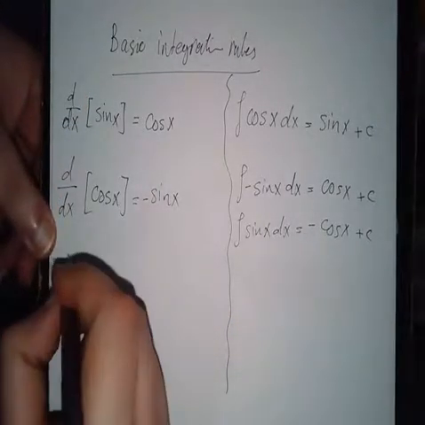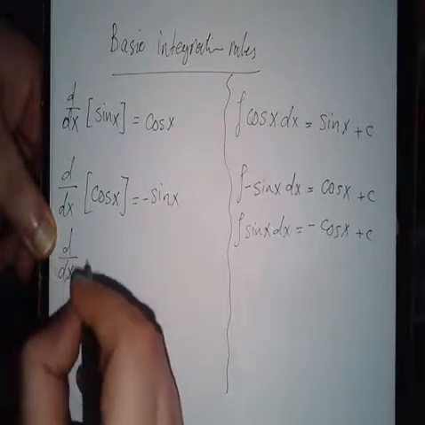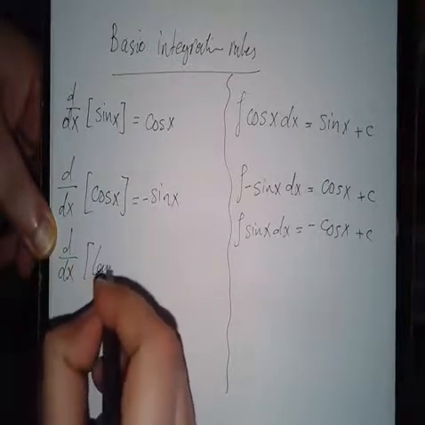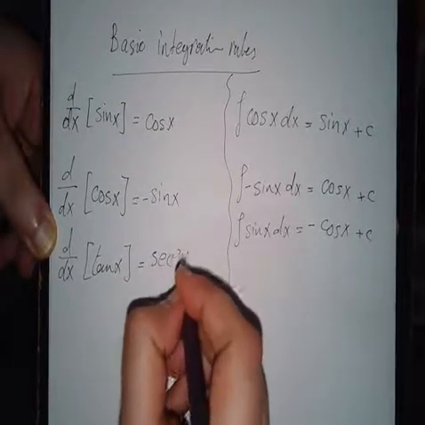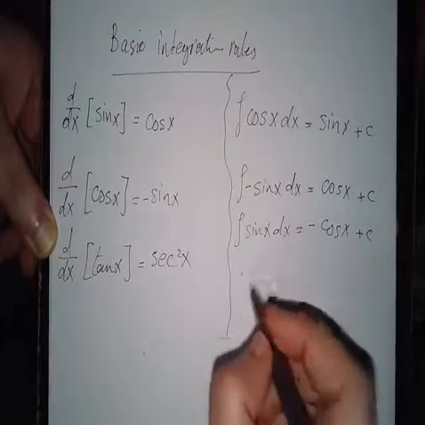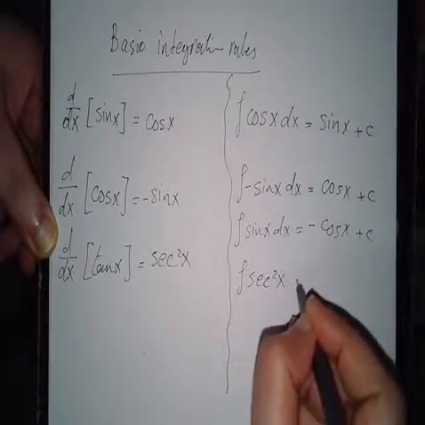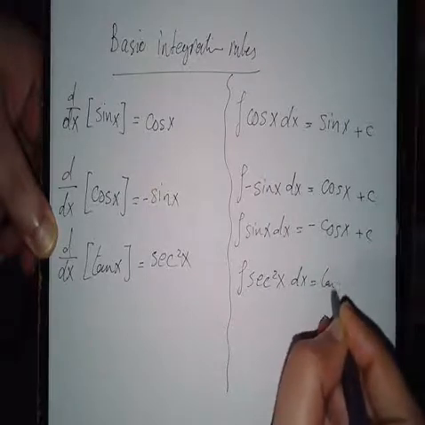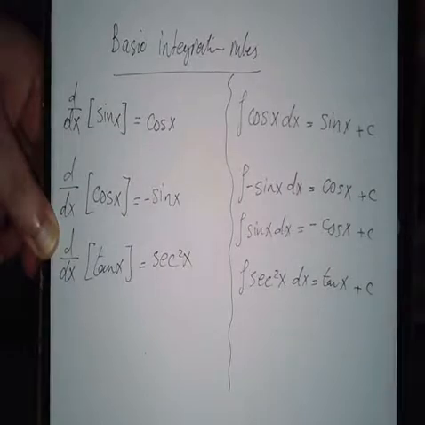Now let me do something else. How about tangent? So d/dx of tan x would be secant squared x, right? Now the integral of secant squared x dx equals tan x plus c.